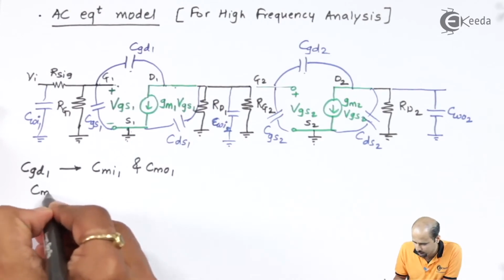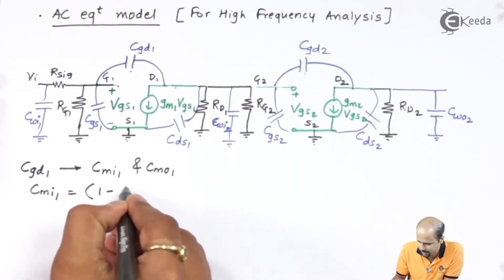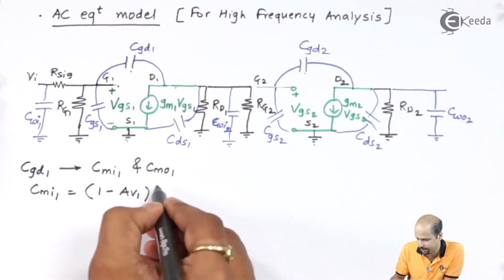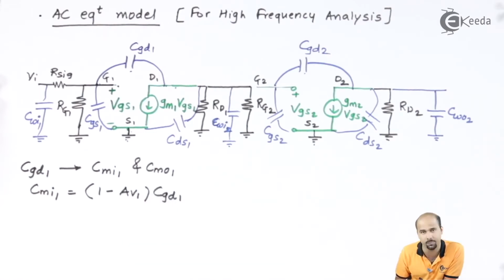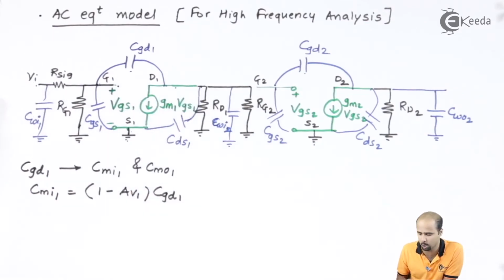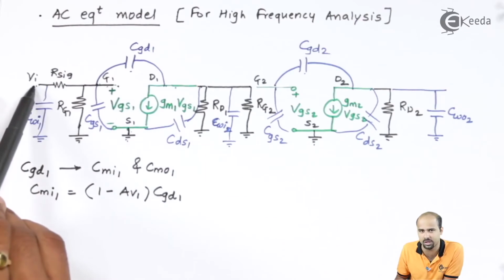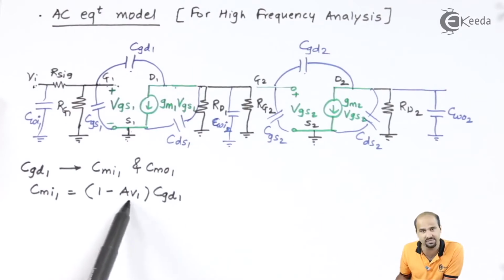So what will be the value of CMI1? The question arises how to calculate the value of CMI1. CMI1 is nothing but (1 minus AV1) multiplied by CGD1. Now, keep in mind that whenever you are calculating the value of AV1, don't consider this as the output voltage divided by VI. Whenever our signal is placed in between the gate and the input voltage supply, we don't have to consider VI when calculating AV1 for CMI1.